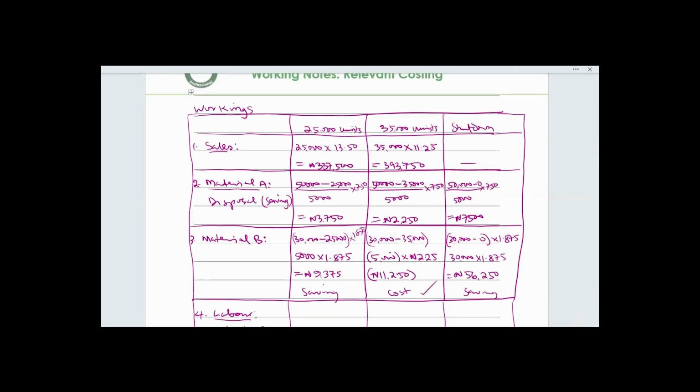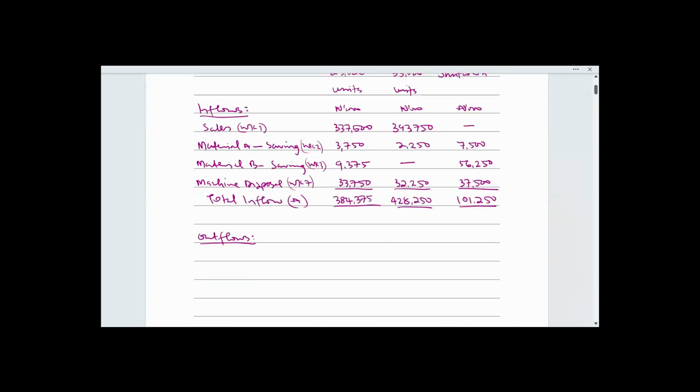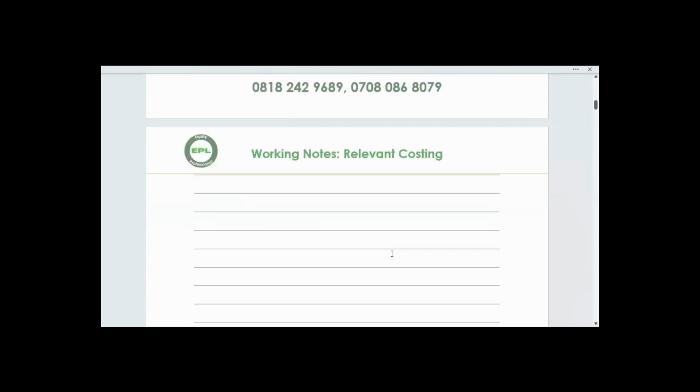We are buying an additional 5,000 liters of material B, 11,250. So let's account for that. Material B, working number 3, dash, 11,250, dash.